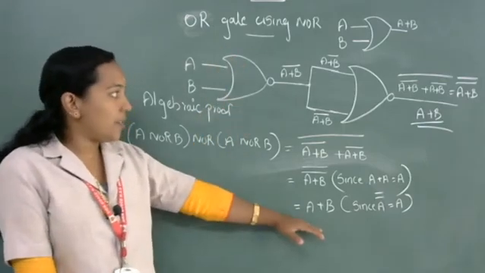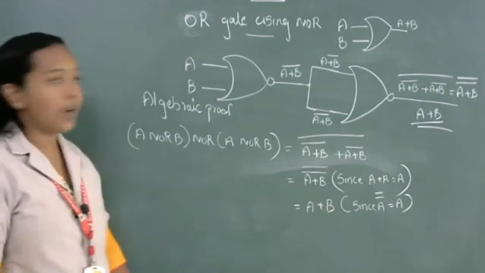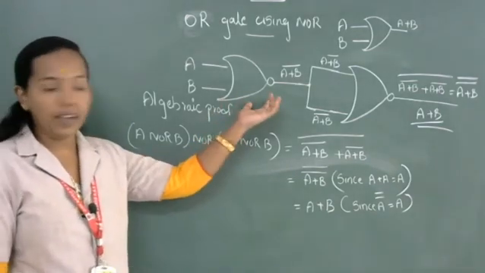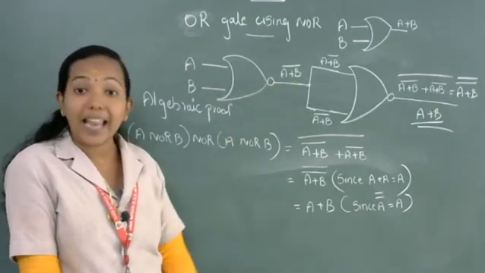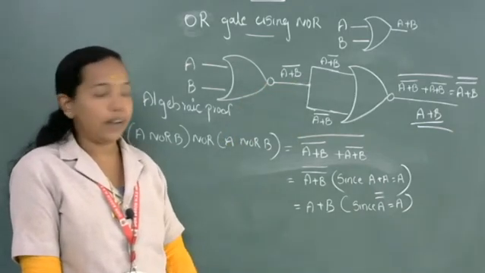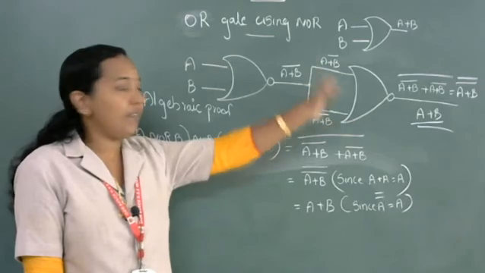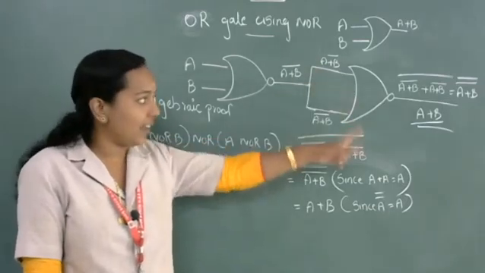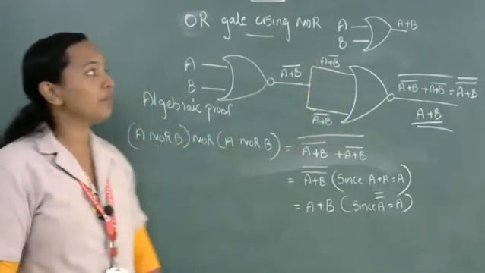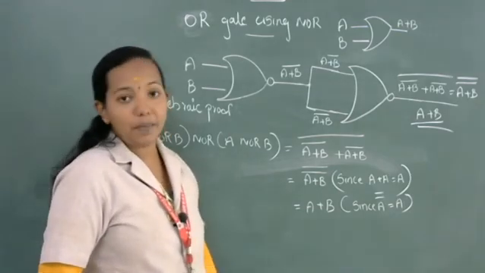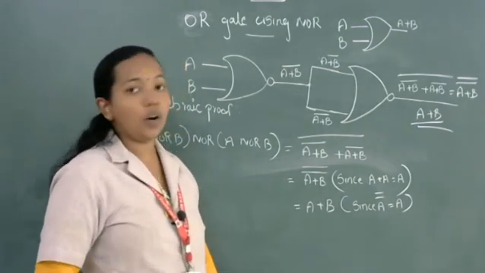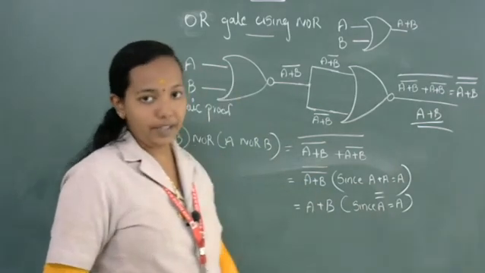So this is the algebraic proof and this is the circuit diagram. First we are applying the NOR gate. After the NOR operation, what will we get? (A + B) all complement. We split it into two lines, and one more time we apply the NOR operation. Then we will get (A + B) complement plus (A + B) complement, all complement.